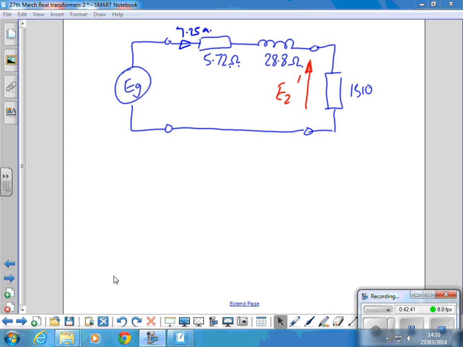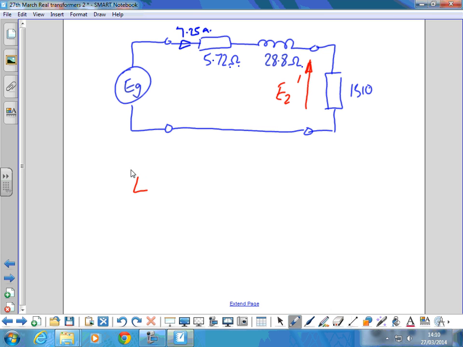So, we can calculate E2 dash. We don't know ES, ES is what we want to know. We're going to find ES. No, that's the nominal ES, without taking into account these parameters.